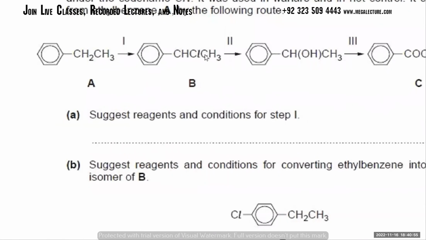So the first step is you need Cl2 plus UV light. ठीक है, ये हमने पहले पढ़ा था. इससे पहले जब हम एस की रिविजन कर रहे थे ना, I told you that if you want chlorine to get attached to the carbon chain, or any carbon chain or an alkane, it's free radical substitution and it's with UV light.